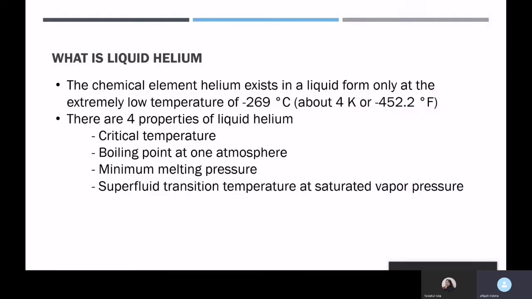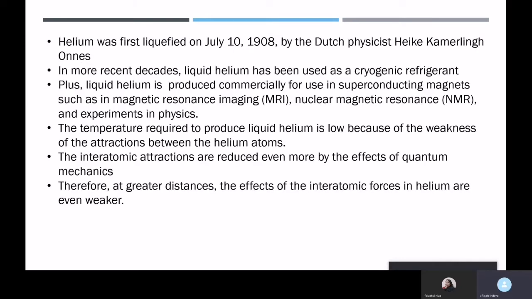For boiling point and critical point, it depends on which isotope of helium is present. As we all know, the common isotopes are helium-4 and helium-3, and these are the only two stable isotopes of helium. On 10 July 1908, helium was liquefied by the Dutch physicist Heike Kamerlingh Onnes.